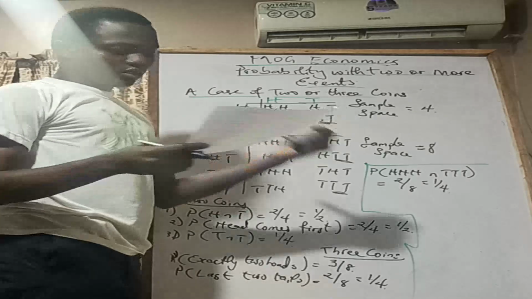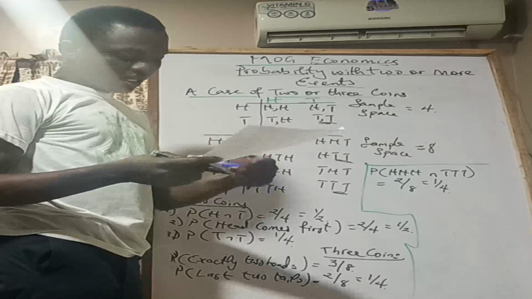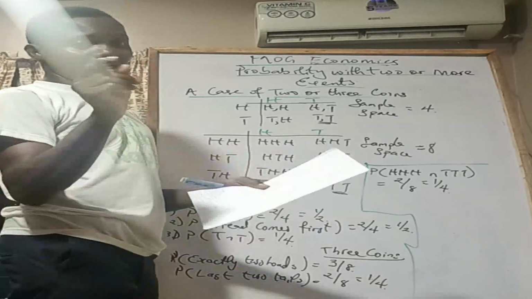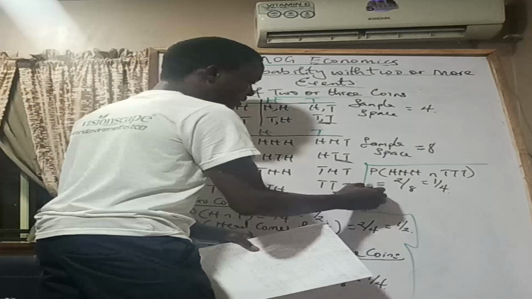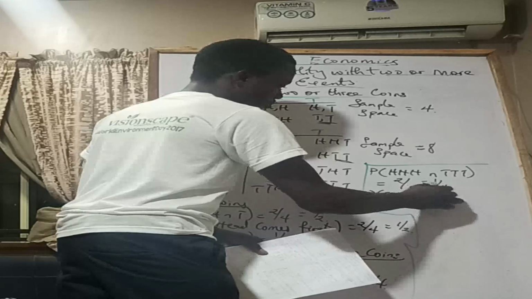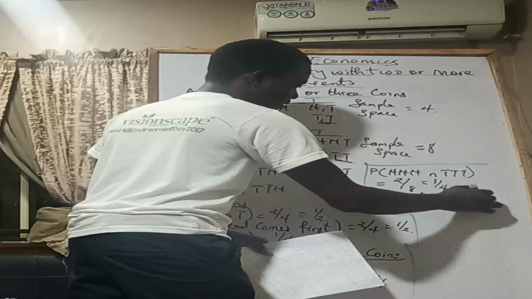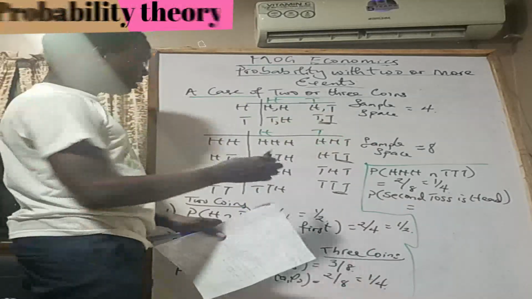Now, the last one is the probability that the second toss comes up head. The second toss, that is, you have 3 outcomes. So the probability that the second toss comes up head equals, when you have the second toss coming up head, you have it here.